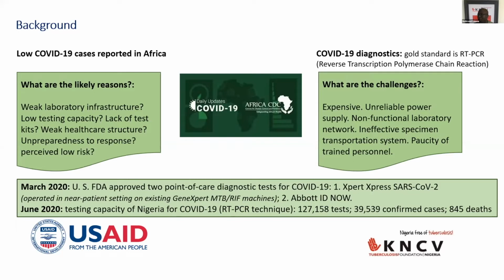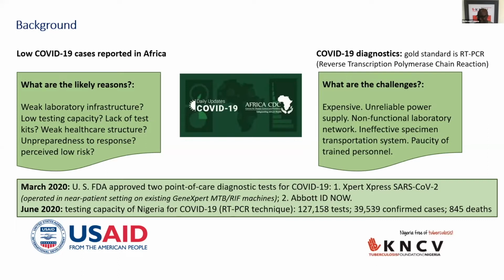The gold standard had been reverse transcriptase PCR, which was key to diagnosis in Nigeria before the approval of Xpert Xpress SARS-CoV-2. PCR is very expensive, and issues around power supply, non-functional lab networks, an ineffective sputum transportation system, and a paucity of trained personnel hampered its optimal use.